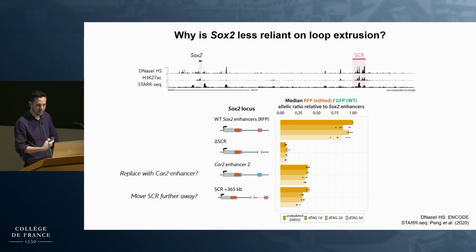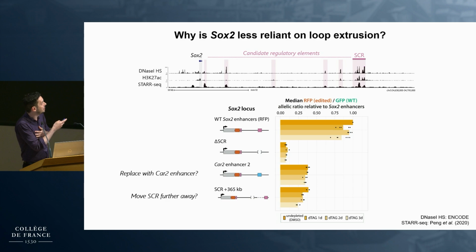We tried to sensitize the locus by pushing the SOX2 enhancer really far away, 365 kb away, which downregulates basal expression, maybe creates some sensitivity, but the locus remains largely insensitive. So again, it means that there must be some tangible or intangible property of the locus, maybe a hidden regulatory element, that basically drives or sustains distal regulation by the enhancer independently of cohesin looping.